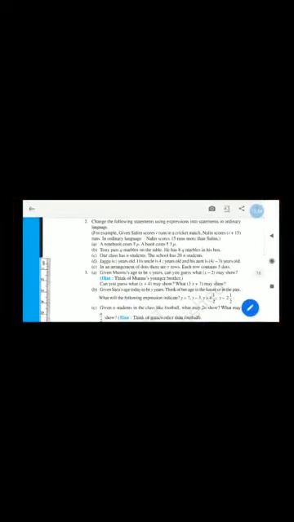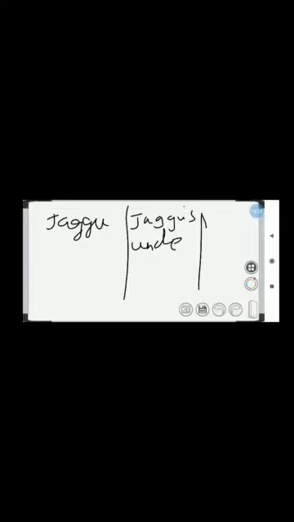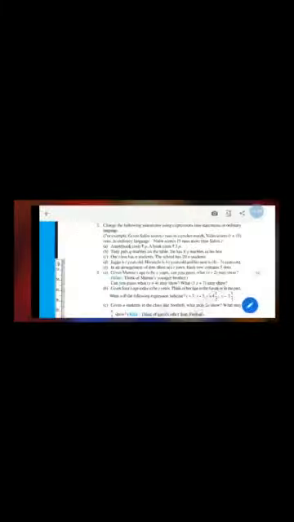Okay, the next one. Here Jagu is Z years old, his uncle is 4Z years old, and his aunt is 4Z minus 3 years old. First, you have to know Jagu's age.